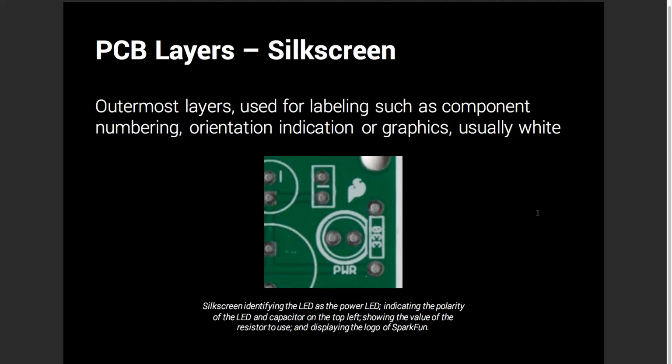Our supplier for PCBs is Electro, and the mask depends on the color of the PCB you order. Here, this LED is used to indicate power, and there's a 330 ohm resistor, marked by the 330 label. There's also a graphic of the SparkFun logo, which is one of the DIY manufacturers for all these components.